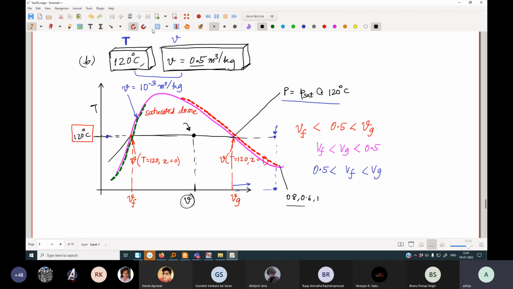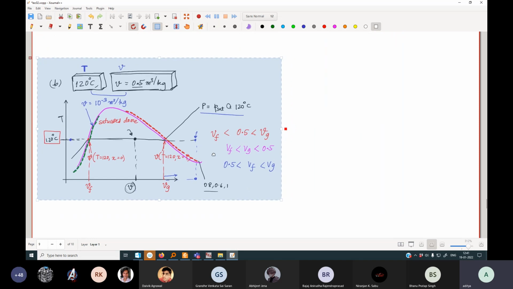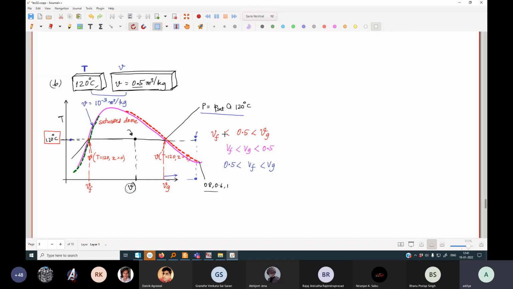Let me just grab hold of everything over here, just reduce it in size. I hope this font size is still visible to all of you. Yes, sir, it's clear. So now let us see. First things first, we must find out Vf, which is going to be volume of water at T equal to 120, x equal to 0.